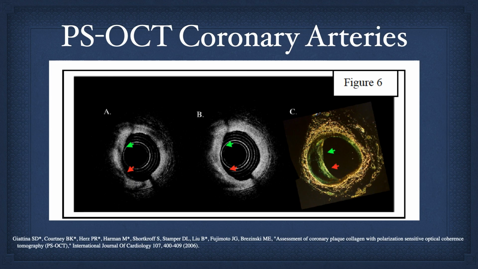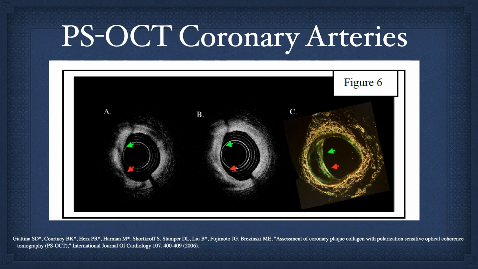And we had shown back in 2005 or 2006 that if we just look at the picrosirius on the right, the red arrow shows collagen type 1, the green arrow shows collagen type 3, and they have different birefringence.